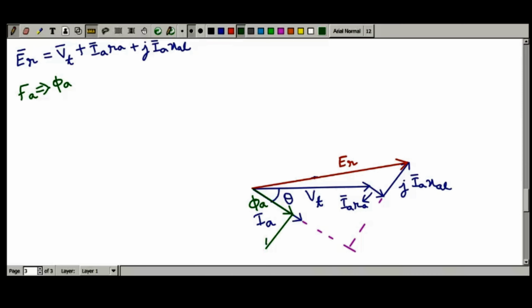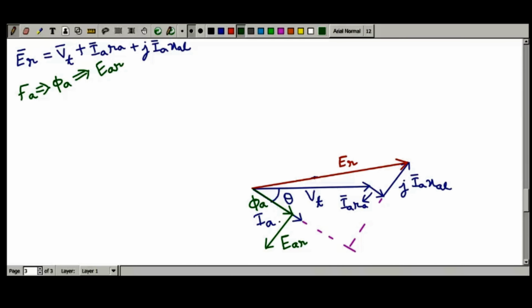This thing is nothing but EAR, that is EMF induced due to armature flux. What is EAR? The EMF induced due to armature flux phi A. So this is also going to oppose the no load EMF EF.